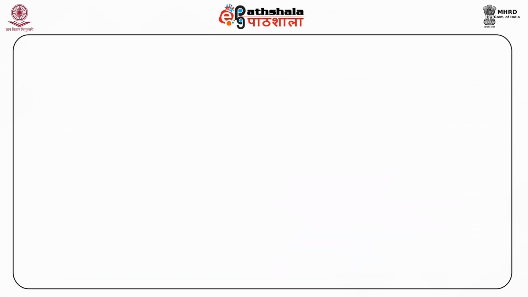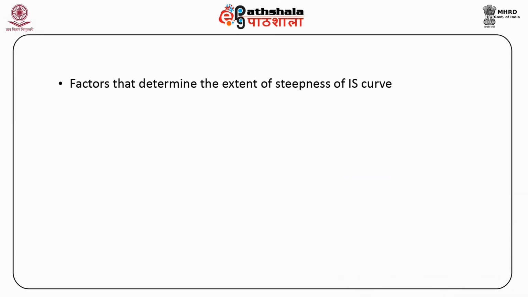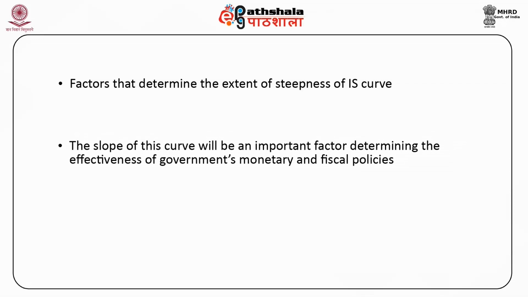Let us now see the factors that determine the extent of steepness of the IS curve. As we will see in later modules, the slope of this curve will be an important factor determining the effectiveness of government's monetary and fiscal policies.